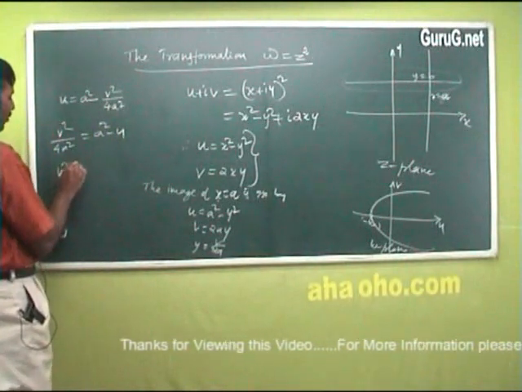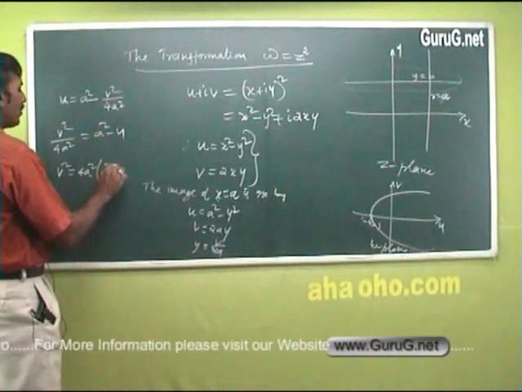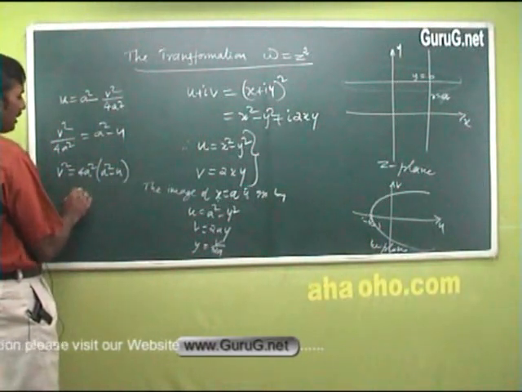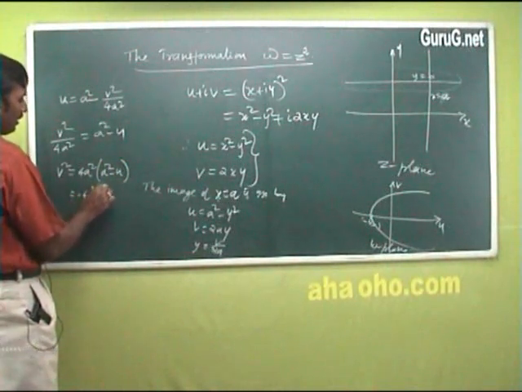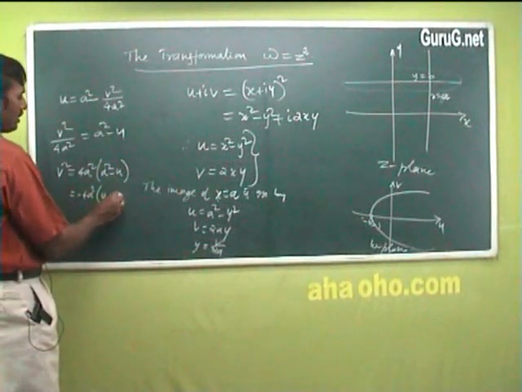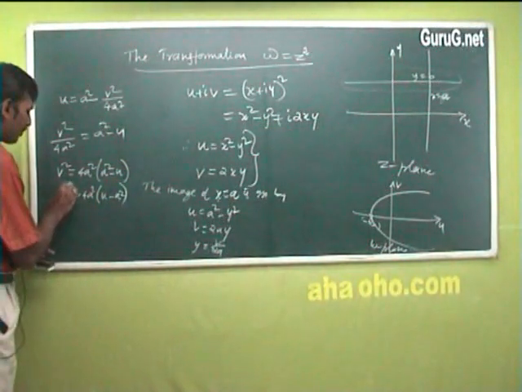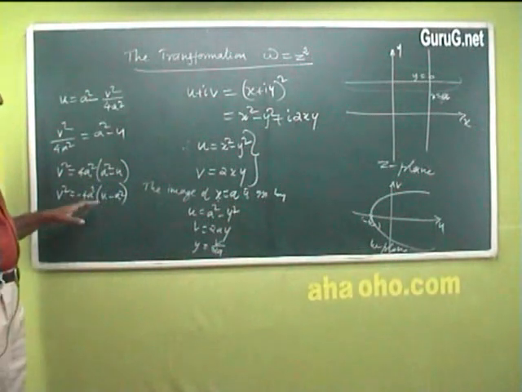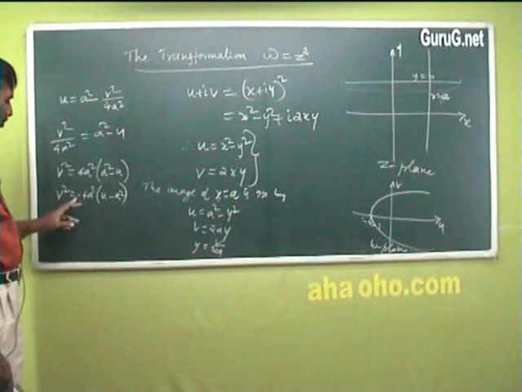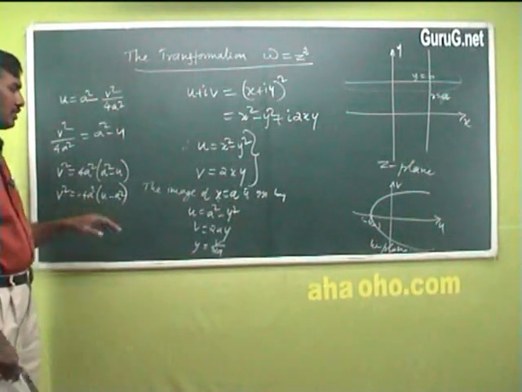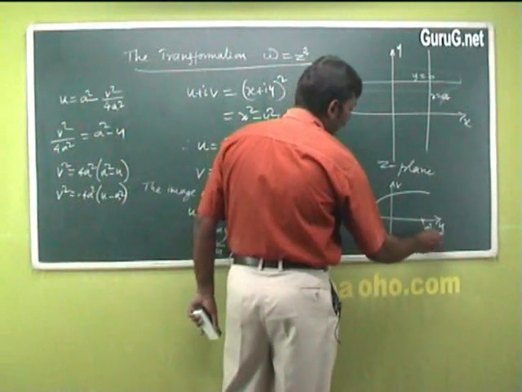So v squared equal 4a squared into a squared minus u. We can take minus outside, so minus 4a squared into u minus a squared, which is a parabola with vertex a squared comma 0, which is left open. Suppose this is a squared comma 0.